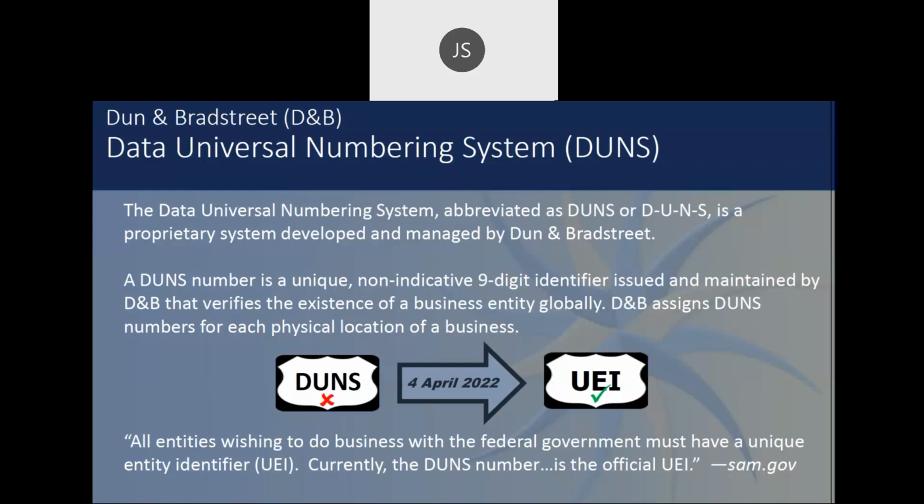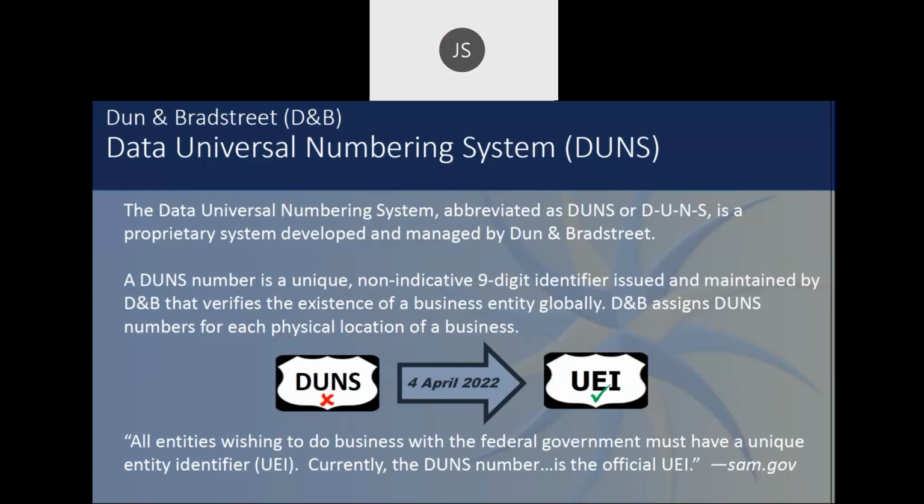The expectation is your UEI is going to look a lot like your DUNS. We're waiting for word from the folks at IAE and GSA who run SAM on how that transition is going to affect you. You're going to get contacted about that, is my expectation. You will definitely move eventually to a UEI.